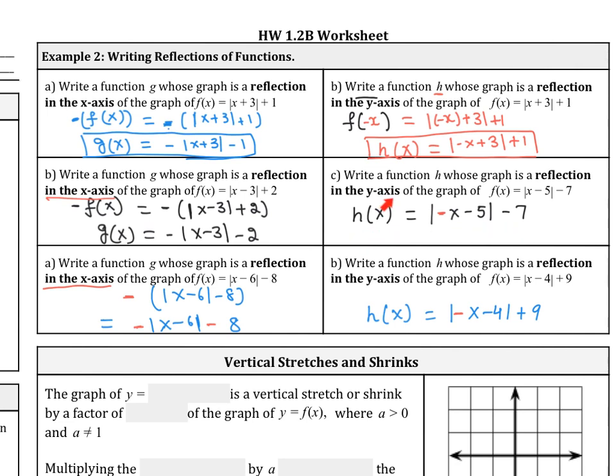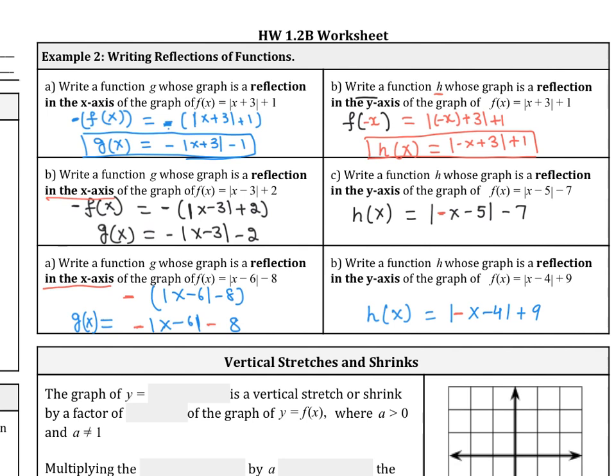The next question: write a function g(x) whose graph is a reflection in the x-axis. Again, this is the x-axis, which means we multiply the whole function by negative. When we multiply the whole function by negative and distribute the negative inside, you get negative absolute value of x - 6, minus 8, and that is your new g graph.